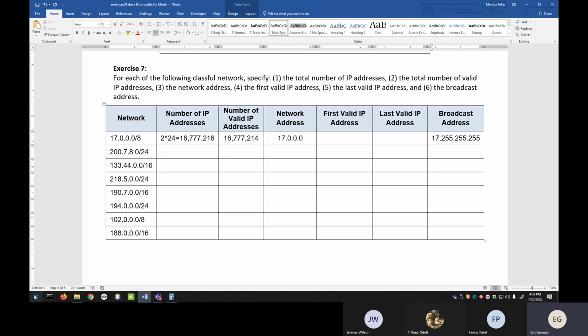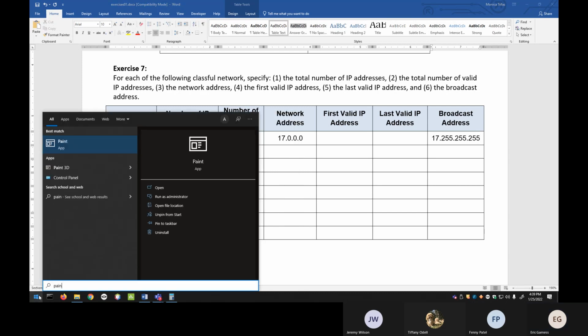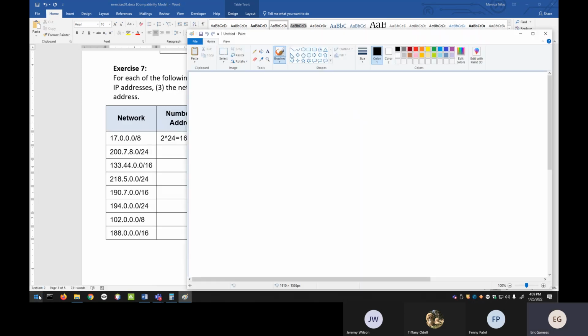Let me open Paint so we can draw some graphics here. Where is the pencil?